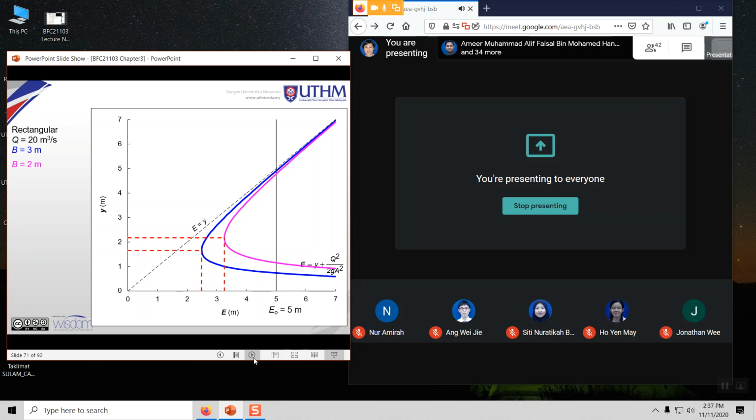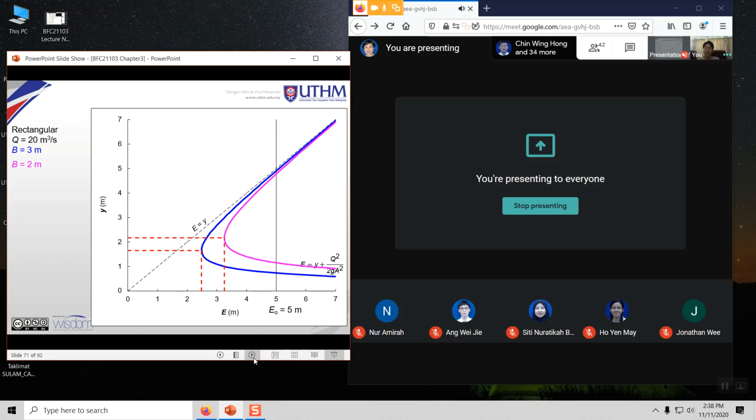At location 0, 1, and 3, I still would be referring to my blue curve. I hope you understand, because this E-Y curve, I got it from my Q and B. You see, I have Q squared over A squared, and that A is influenced by my B.